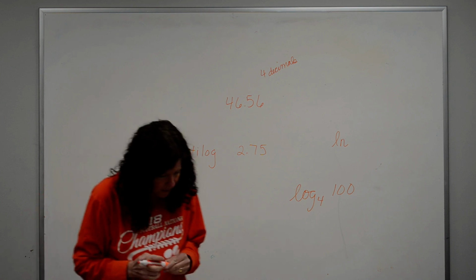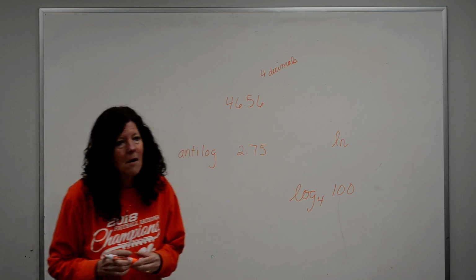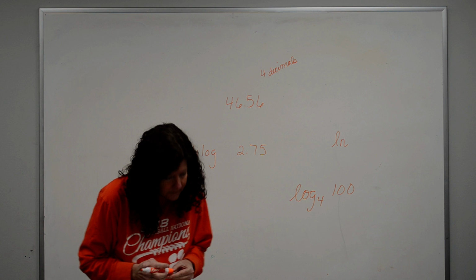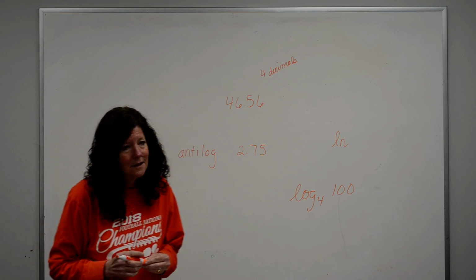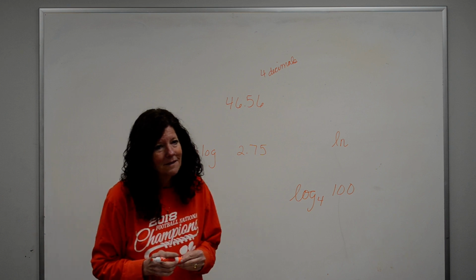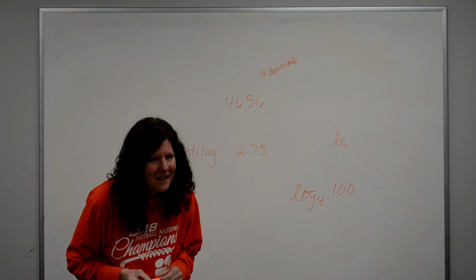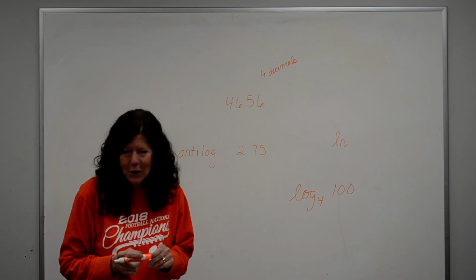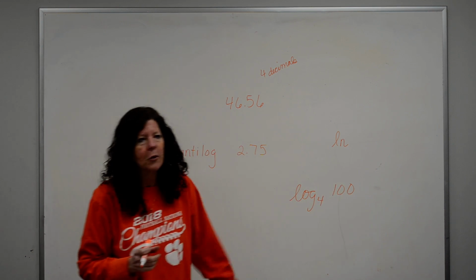Round to 3 decimal places. Got it? Okay, what is it? I originally typed it wrong. Oh, is it 3.32? Okay. Yeah, 3.322. You just go the log of 100 divided by the log of 4.